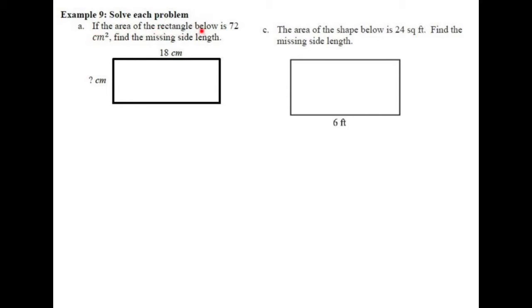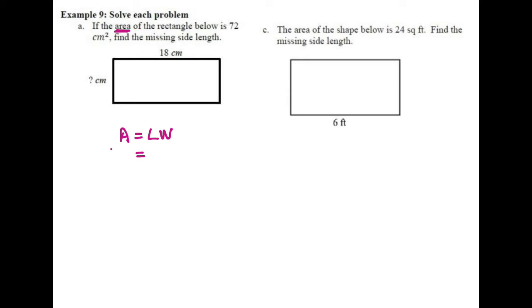The area of the rectangle below is 72 centimeters squared. Find the missing side. So we know one side is 18, and we don't know the other. We know it's area because they tell us that right there. And we know it's a rectangle, so we're going to use the rectangle formula. Fill in everything that we know.